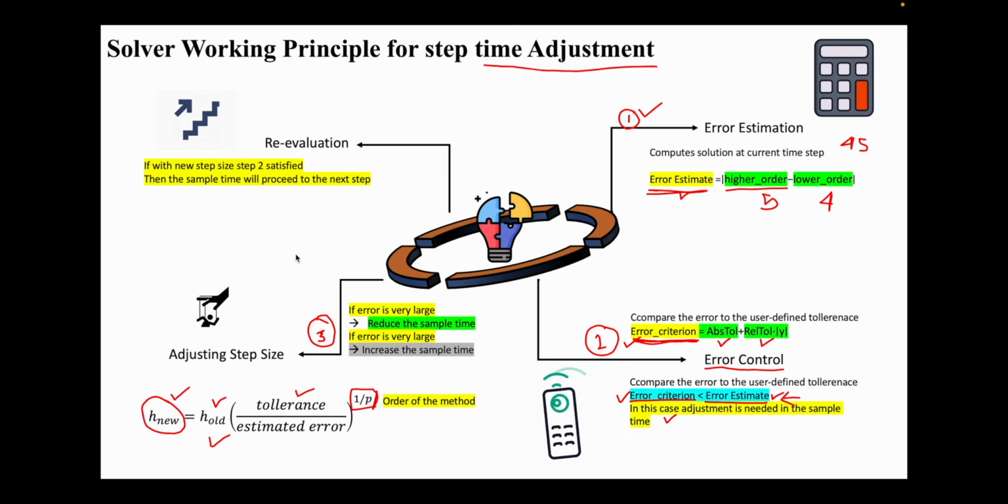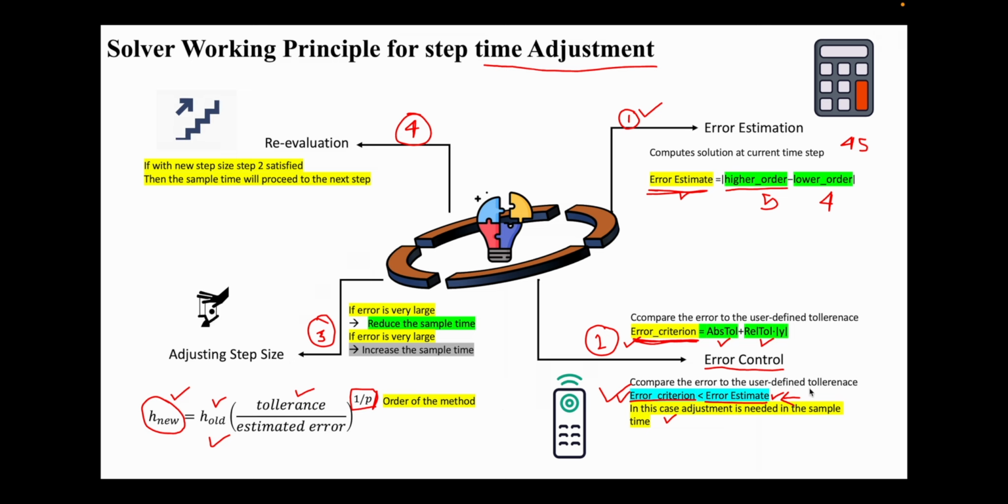Then in the fourth step, we re-evaluate our new sample time with respect to the old sample time. We again check whether this condition is satisfied or not. If this condition is satisfied, then again we need to do the calculation for the new sample time.